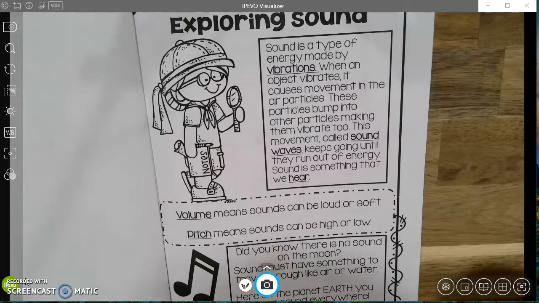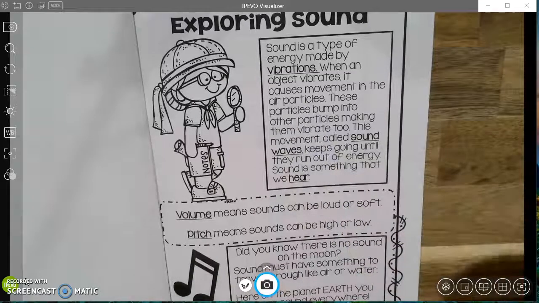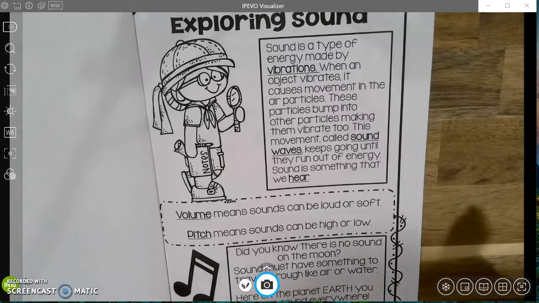We do have air particles. We can feel the air around us, like when we move our hand back and forth really fast. We feel the air hitting our hand. But when we're just looking out, like I'm looking across the room right now, I can't really see the air. I know that it's there because I'm breathing, but I can't see it.